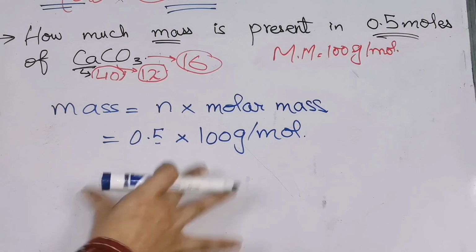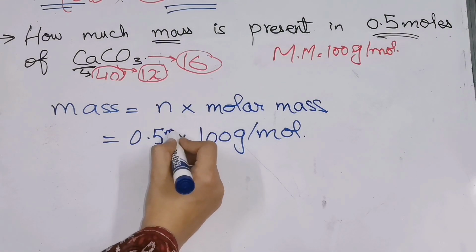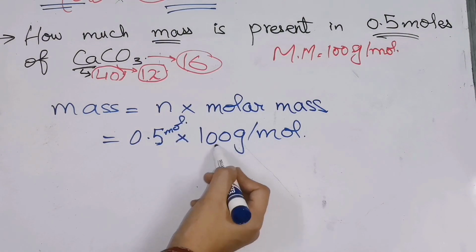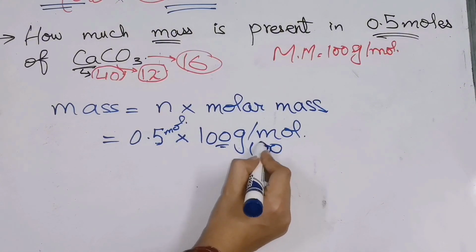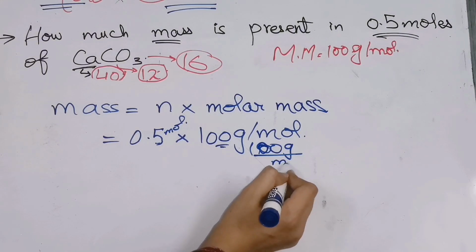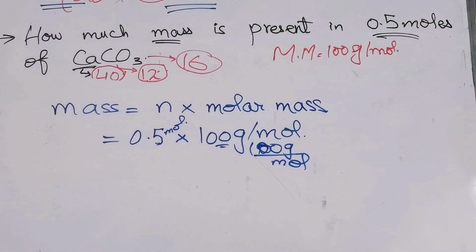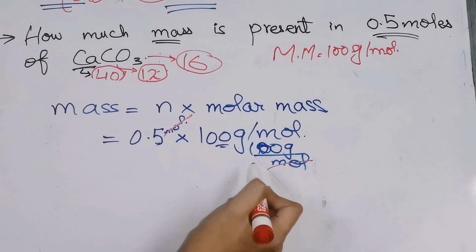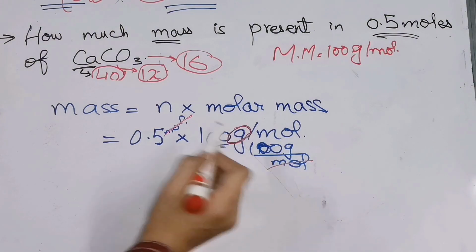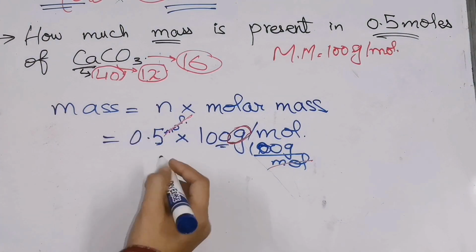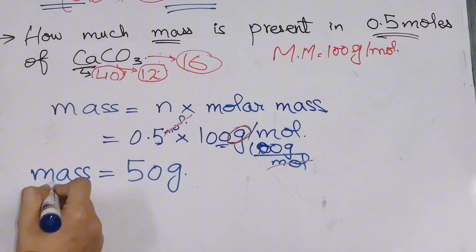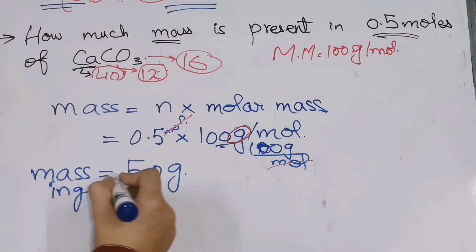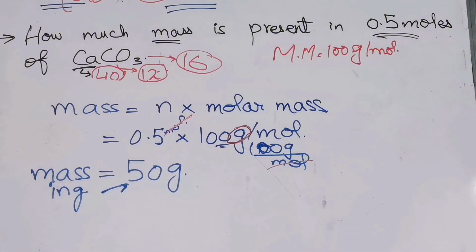Now, you can see over here that if we write it in the other form, it's like this, 100 gram per mole, right? So this mole and this mole will cancel each other and we will be left with gram. So after calculating this, we will get an answer 50 grams. So the mass that we found is 50 grams in 0.5 moles of calcium carbonate.